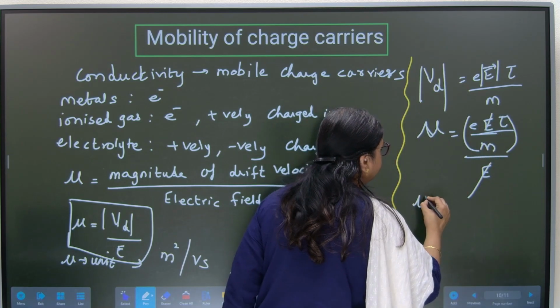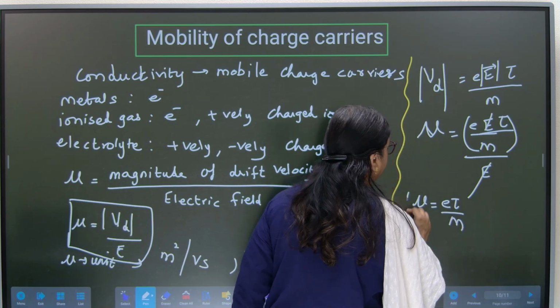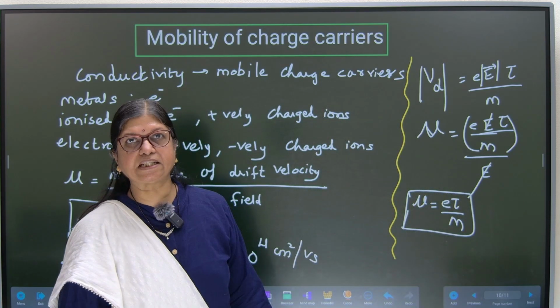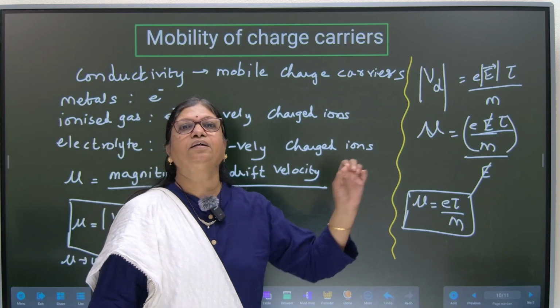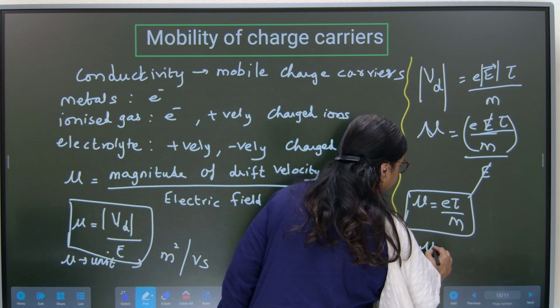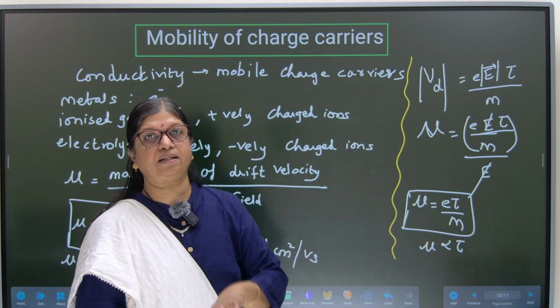So we have mobility mu is equal to E tau upon m. Fine. So mobility also depends on the relaxation time tau, because e and m are constants.